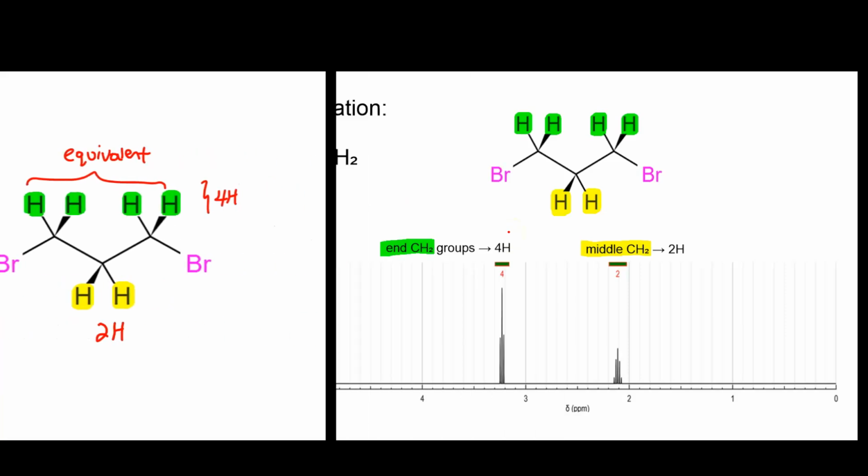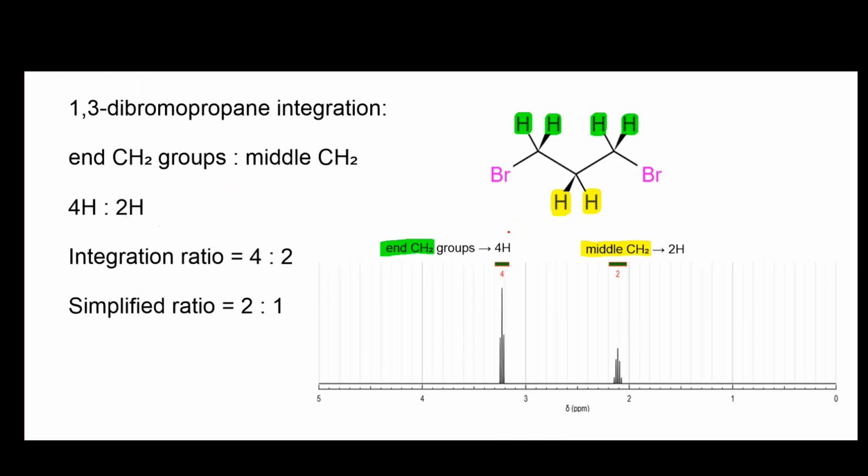The two BrCH₂ groups together integrate to 4 hydrogens, while the middle CH₂ group integrates to 2 hydrogens. So the integration ratio is 4:2, which simplifies to 2:1.